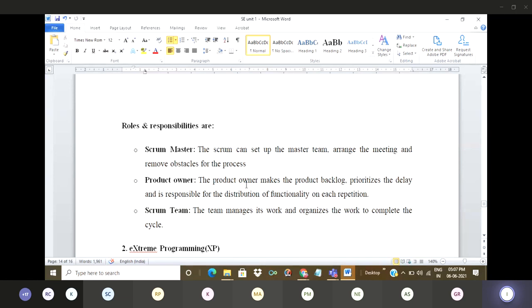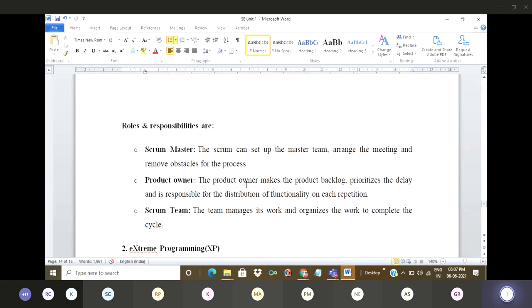And users must be actively involved and have the right communication. We have techniques in dynamic software development method: one is time boxing, Moscow rules, and prototyping.